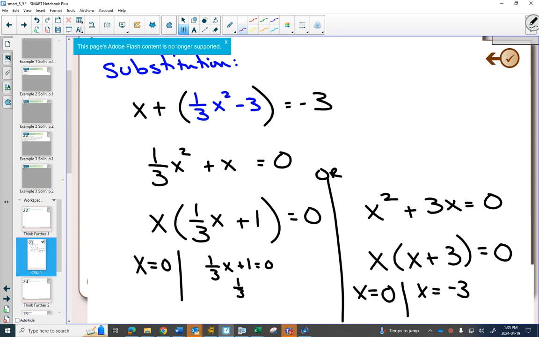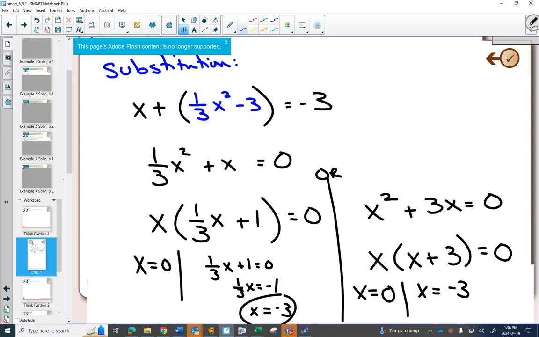That means 1/3x would equal -1, which means x equals -3. Get the same answer. The right-hand side, by multiplying by 3, was an extra step at the beginning, but I think solving was easier after that. Left-hand side, we got to factoring right away, but this 1/3 x plus 1 was a little bit harder to figure out that x is -3.